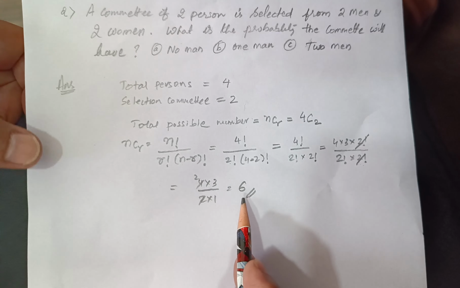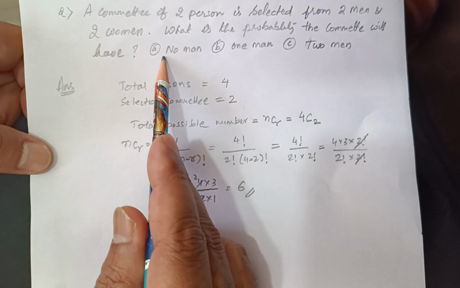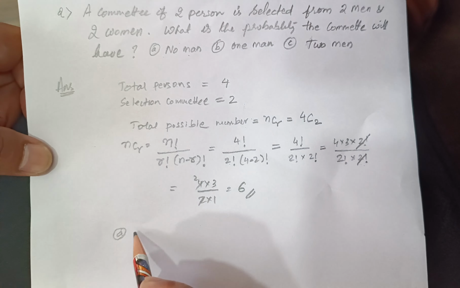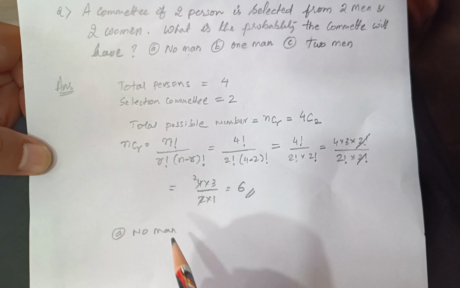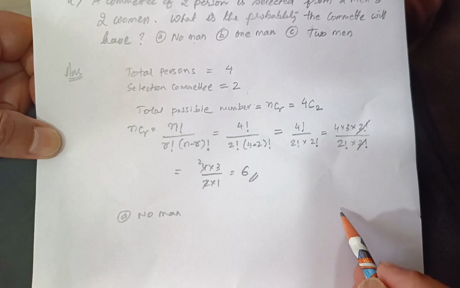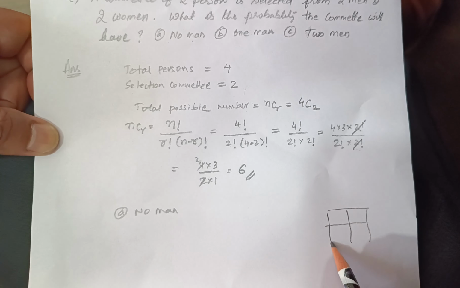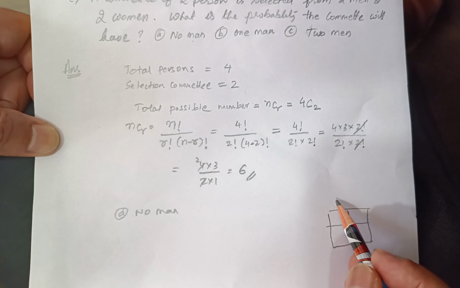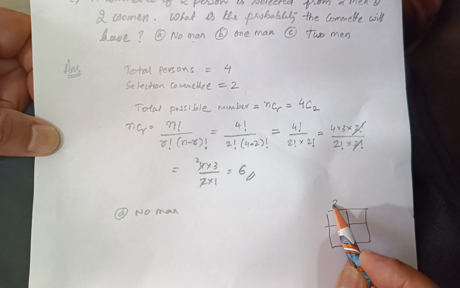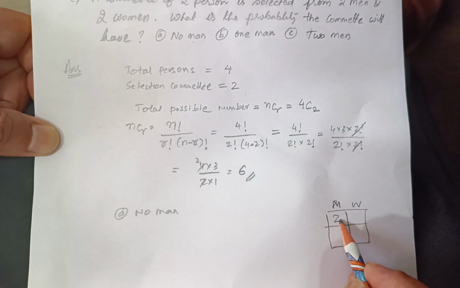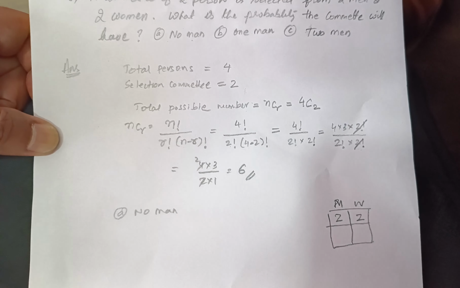Now after getting this, we'll try to solve the first condition. The first condition is no man. To do that, we'll simply make a box here with men and women. There are 2 men and 2 women.